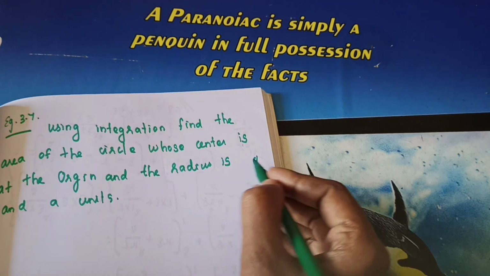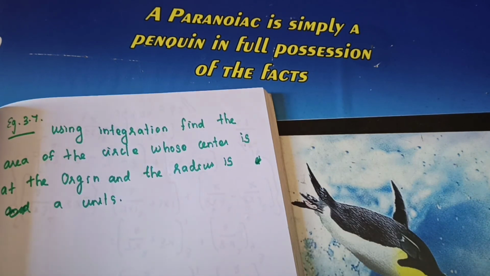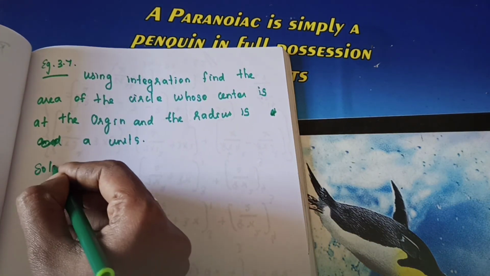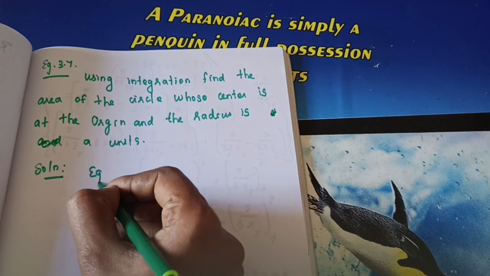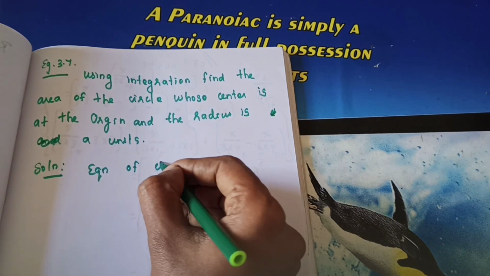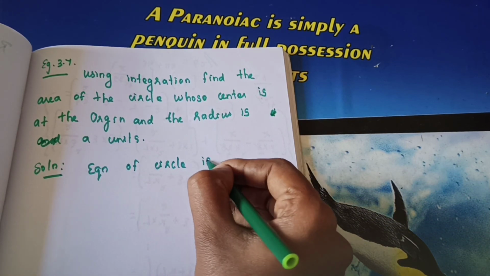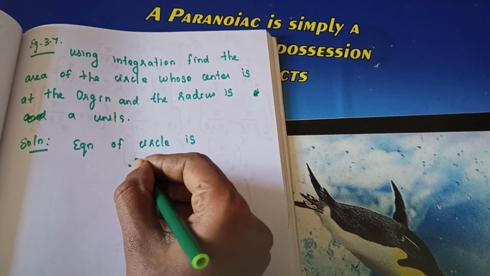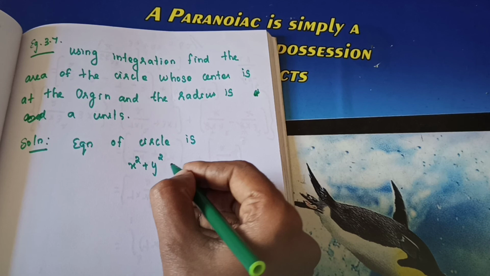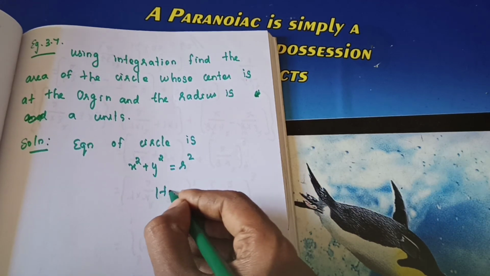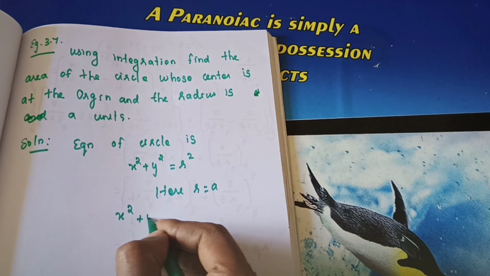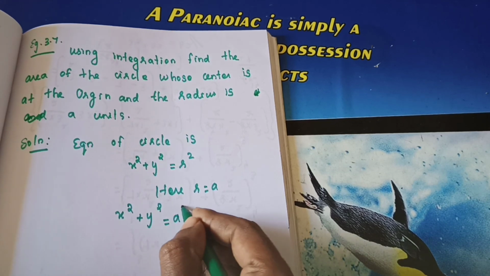So first you write the equation of a circle. Equation of circle is x square plus y square is equal to r square. So here, what's the r value given in your question? a. So x square plus y square is equal to a square.